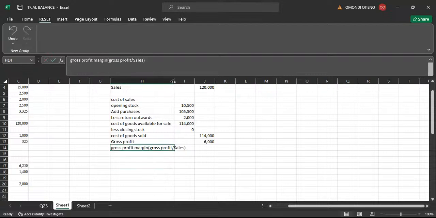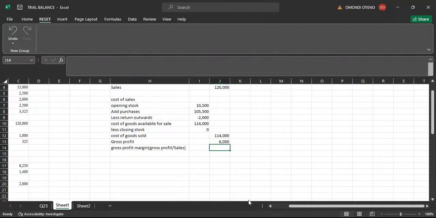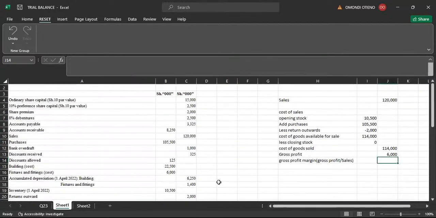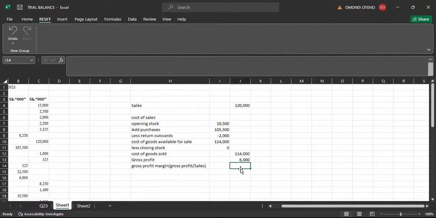So gross profit margin, what are they telling us here? Gross profit margin is equivalent to 20%. So this value here, this 6,000, should be 20% of sales, which means our cost of goods sold should be the remaining percentage.